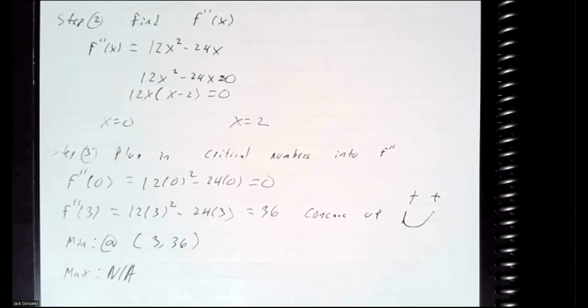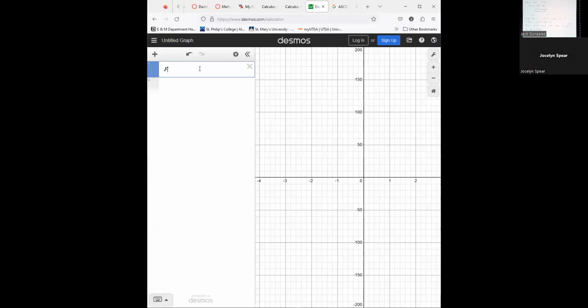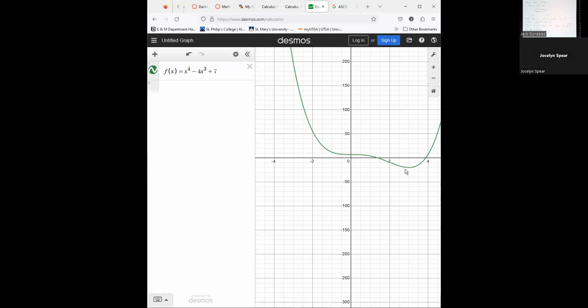And if we were to graph it, here's our function, 4x minus 4x cubed plus 7.